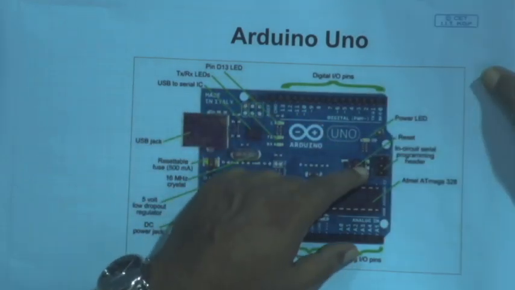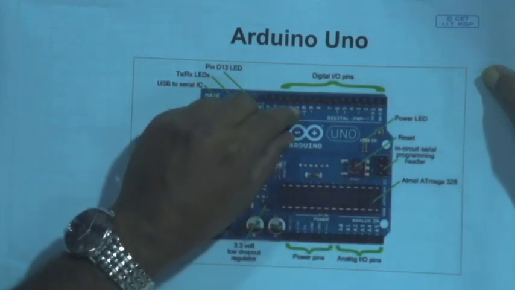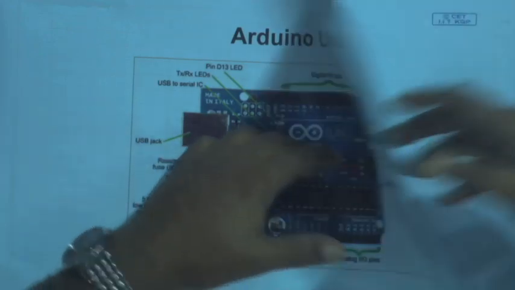And most importantly, what we saw in the last class is that it also has some built-in PWM circuits, which can generate pulse width modulated signals.